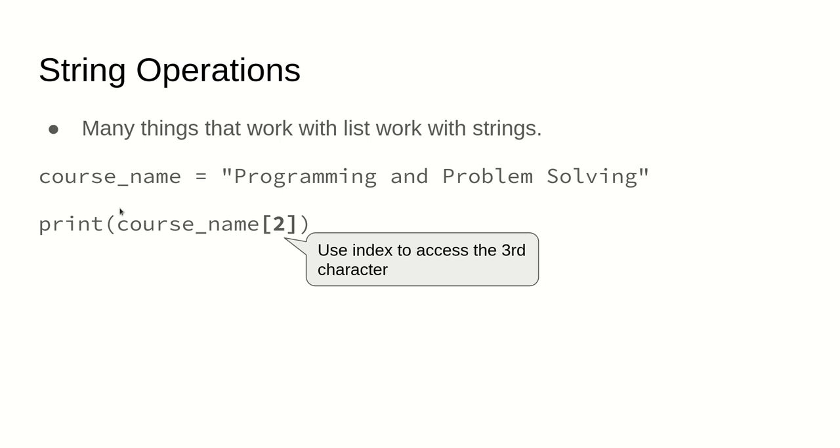What I get back will still be a string, just a string that's 1 character long here. And I could do this with any valid index up to the length of the string minus 1. Just like with lists, you can do it for any index up to the length of the list minus 1. You can also use those negative values to index from the right-hand side backwards, like we saw in lists.